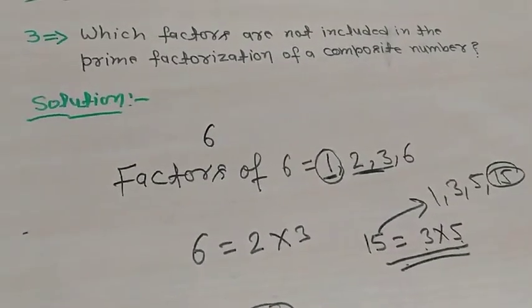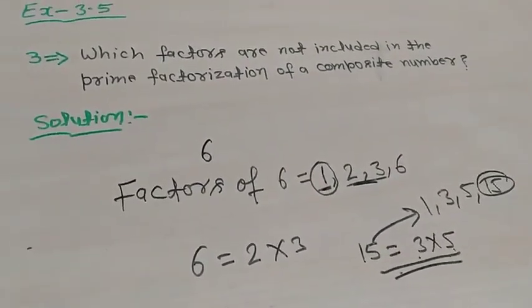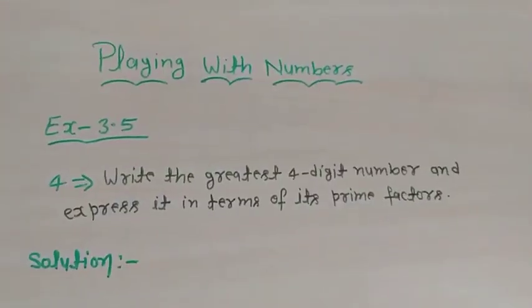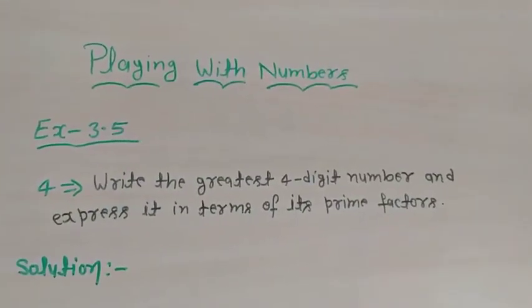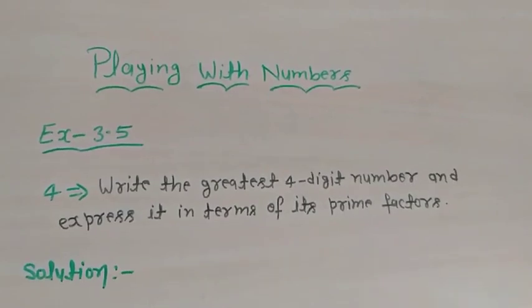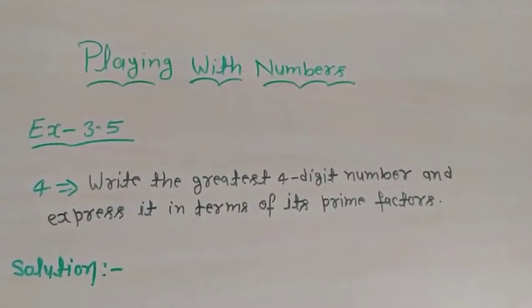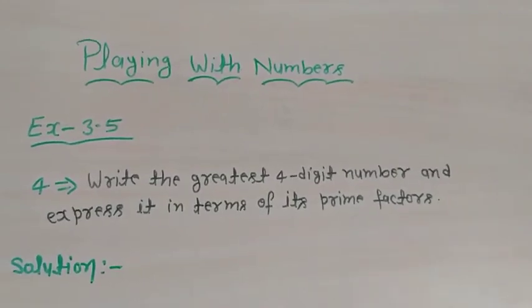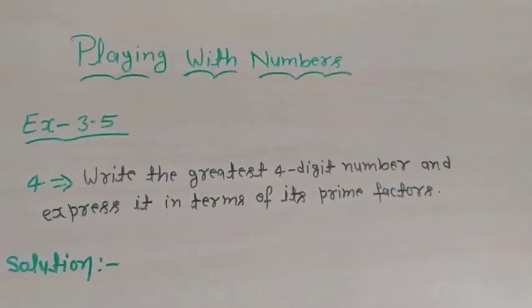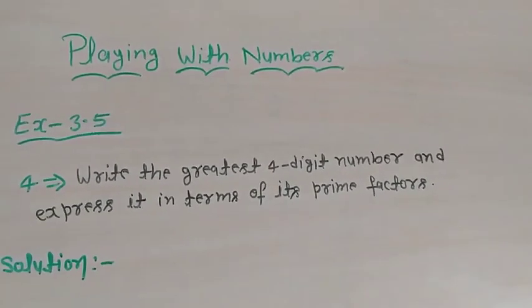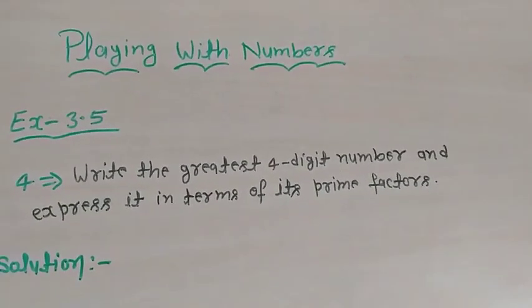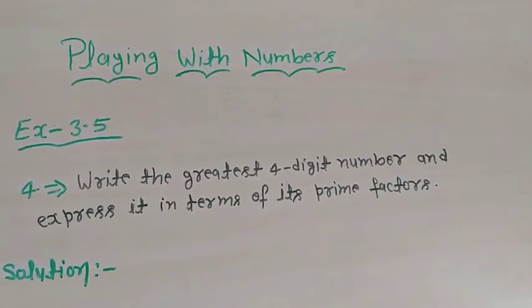Clear? Now we are going to discuss question number 4. This is question number 4. Write the greatest 4-digit number and express it in terms of its prime factors. I hope all of you understood terms of prime factors.